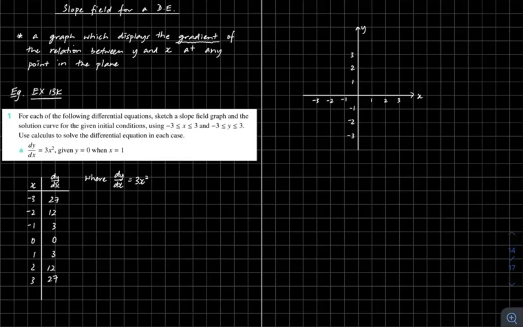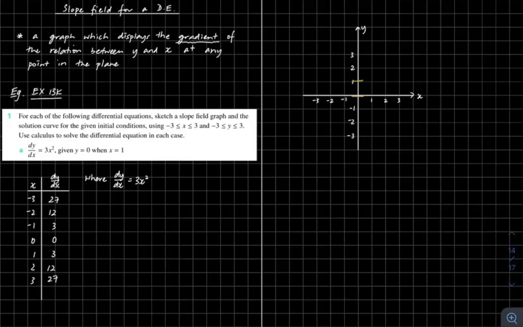So let me grab maybe another color to try and do this. So first of all, we've said over here that when x is equal to 0, the gradient, the slope is equal to 0. So not saying y is equal to 0, we're saying the slope is equal to 0. So at every point where x is 0, so here for example, slope would be 0.